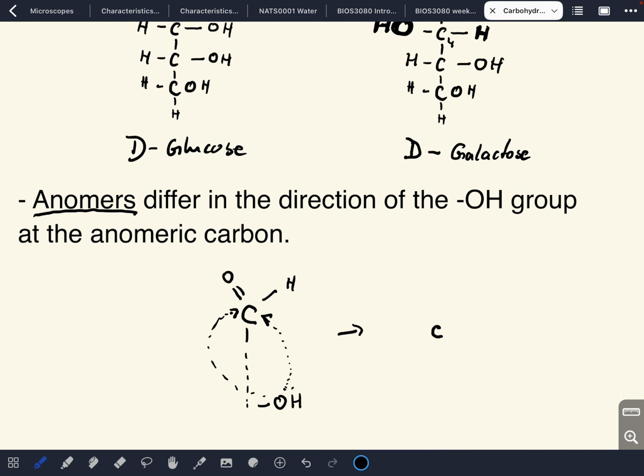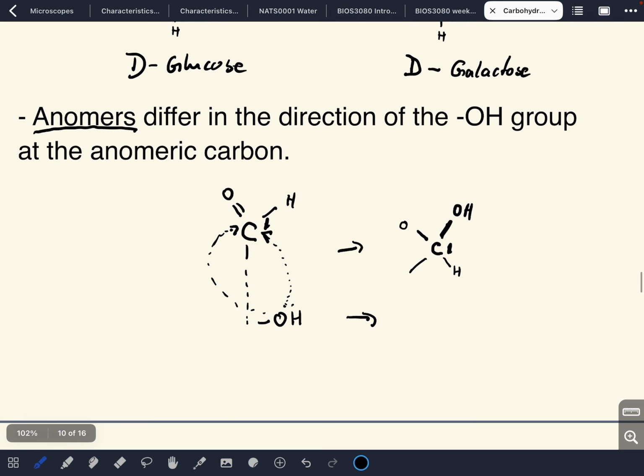So here we've got O, we've got other groups, we've got here an H, and we either have an OH group sticking up, and that is here this carbon 1, or if the attack is from the other side, we have this structure, that is formed from this hemiacetal reaction.